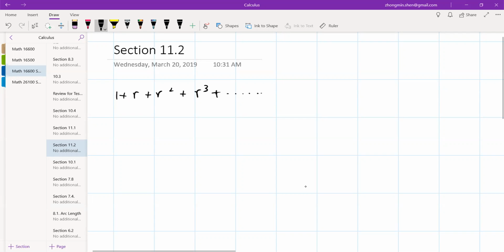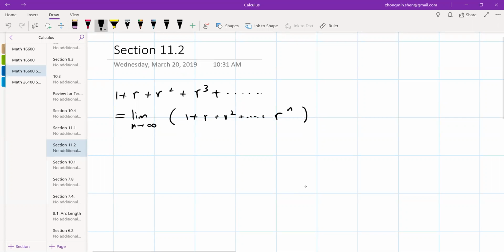This should be viewed as the limit as n approaches infinity of the sum of n plus 1 terms. If this sum approaches a number, then that limit is going to be called the sum of this infinite sum, the sum of infinitely many terms.